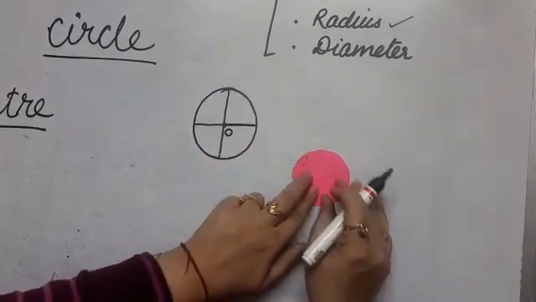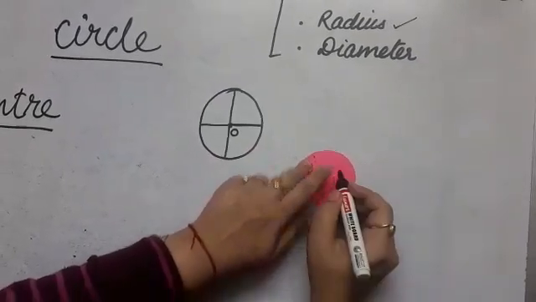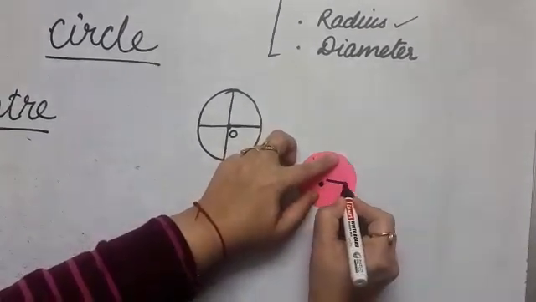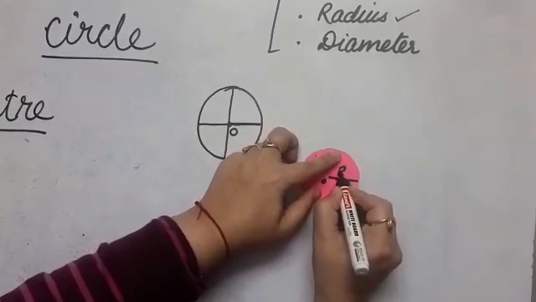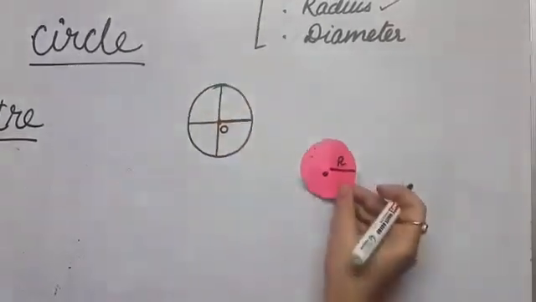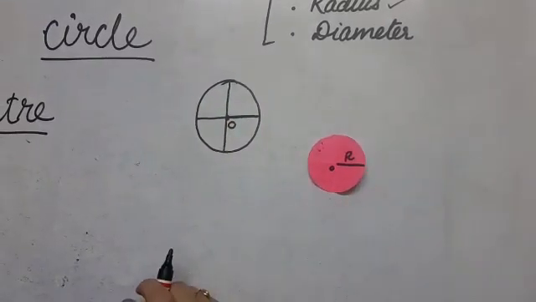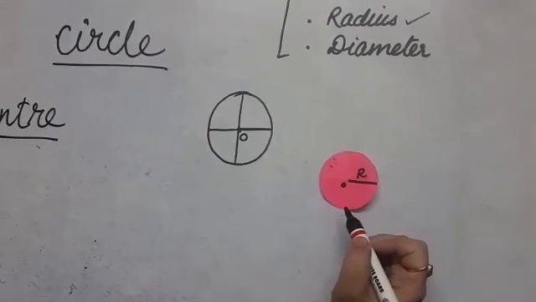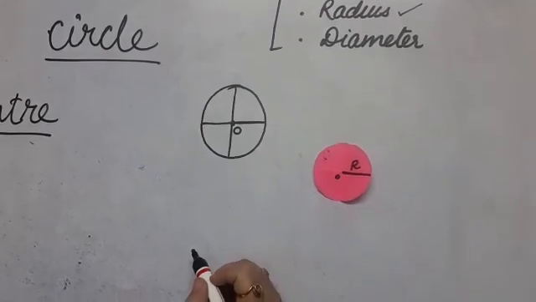So you will paste this circle like this and you will mark this O and this line segment represent R. So you have to apply the glue this side and you will just paste it and mark R as radius.